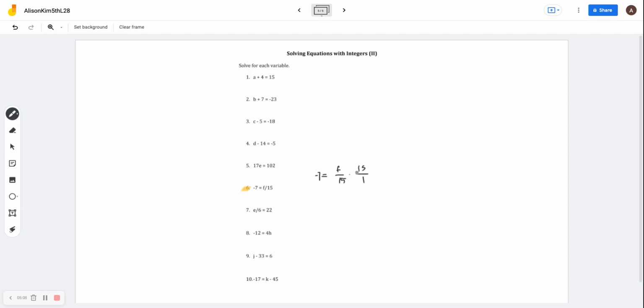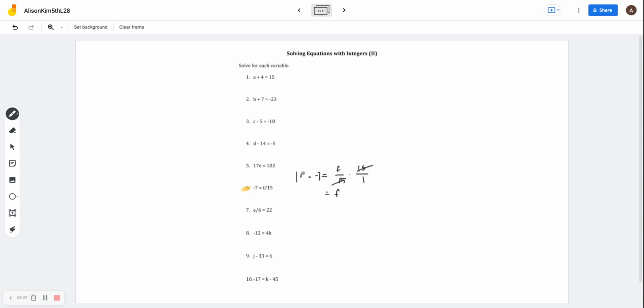Now, when we do this, the 15 will cancel out and we will just be given an f on this side, right? However, if we multiply one side by 15, then we need to multiply the other side by 15, right? It has to be treated the same way.